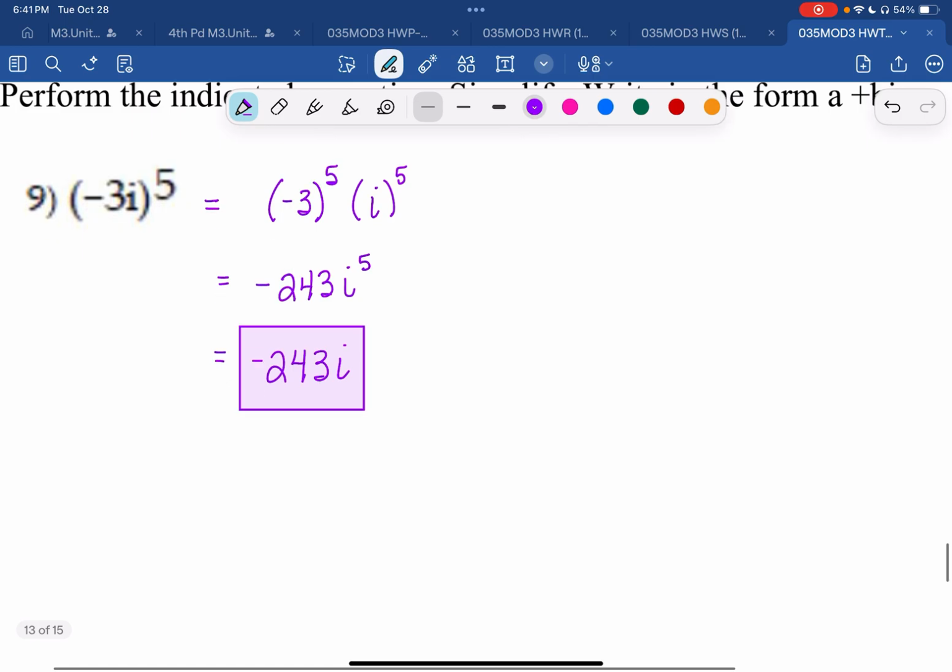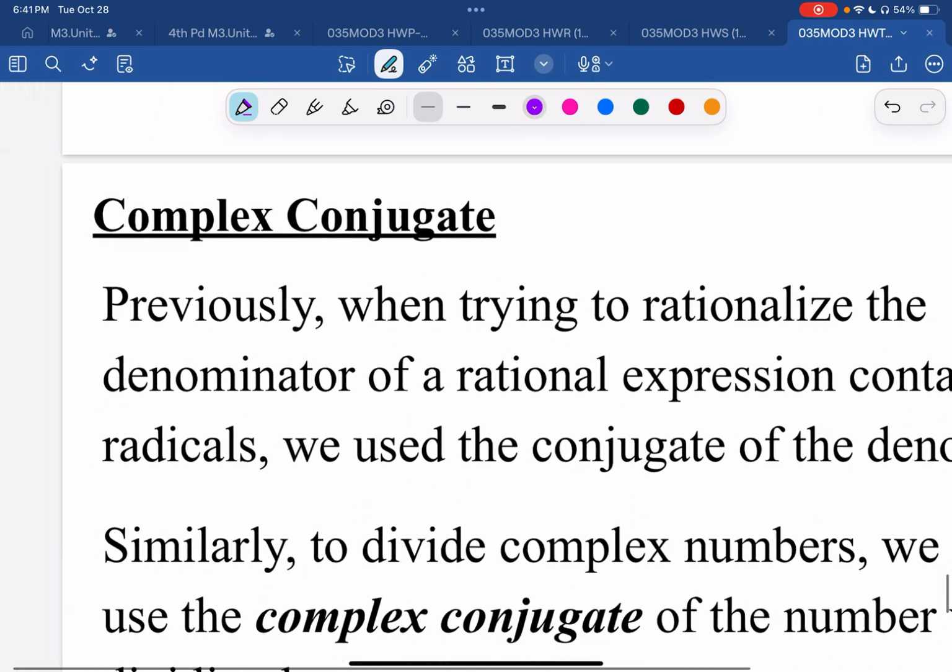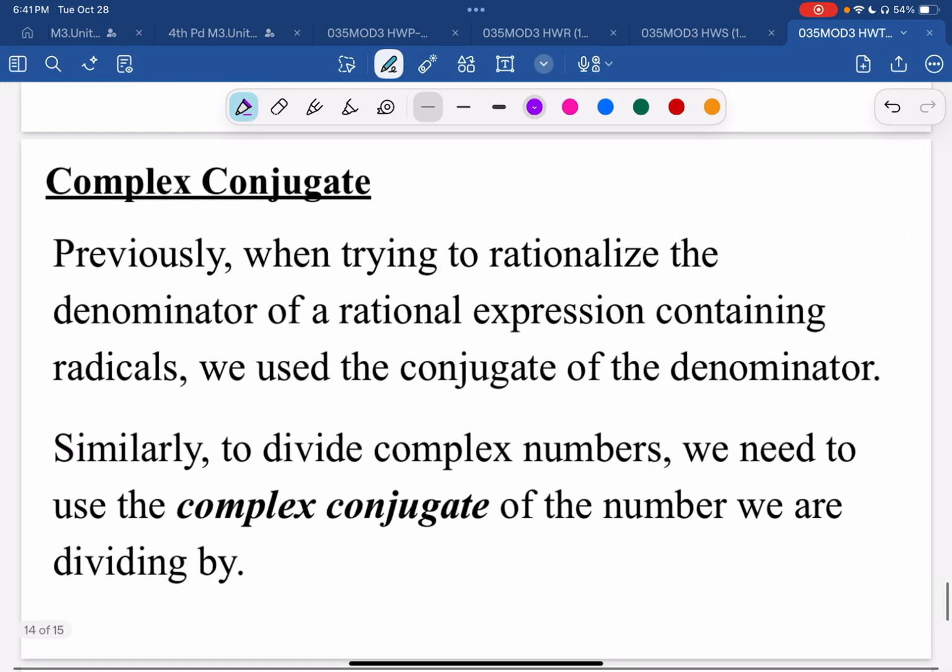All right, one more thing we're going to look at is a complex conjugate. This is very similar to when we were rationalizing the denominator. When we did that with a rational expression with radicals, we multiplied by the conjugate of the denominator. So when we're dividing complex numbers, we're also going to use that conjugate.